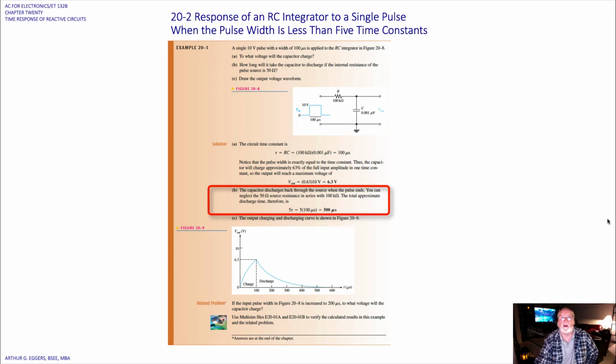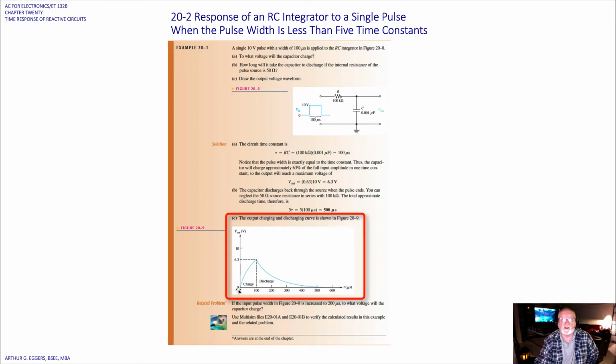So that's how long it takes the capacitor to discharge if the internal resistance of the pulse source is 50 ohms. Part C then asks us to draw the diagram below. The output charging and discharging curve is shown. So for the first 100 microseconds we're charging up to 63%, 6.3 volts, and then we discharge out to 5 tau, or 500 microseconds.